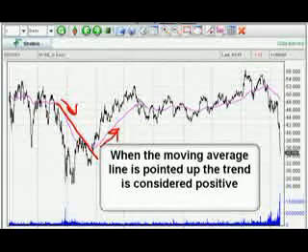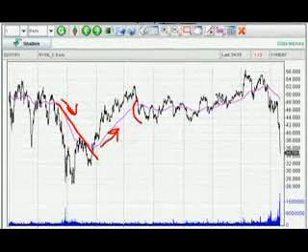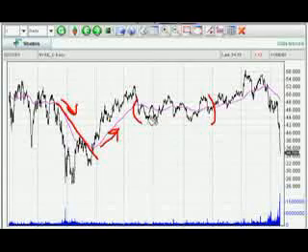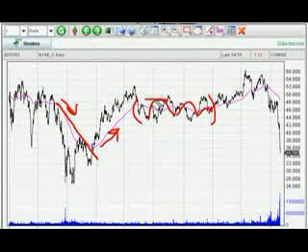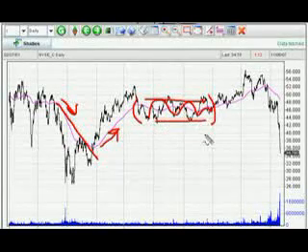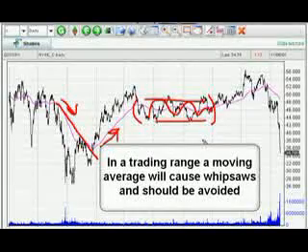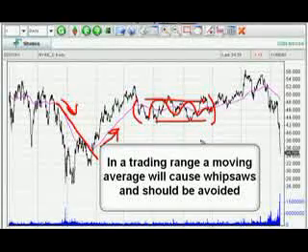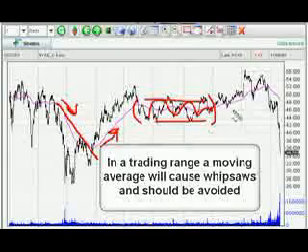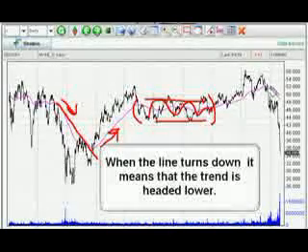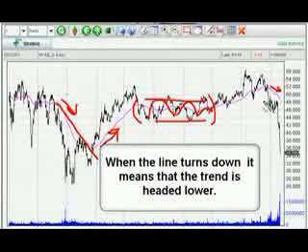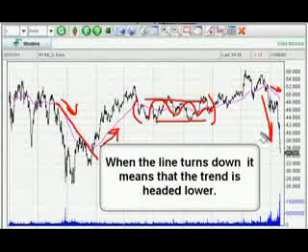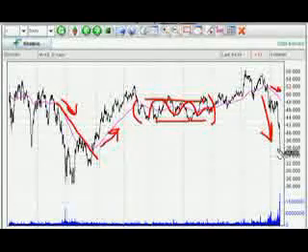So again, when you get this type of market, when it's really going nowhere, this is considered a trading range, and moving averages are little or no use to you during this type of market scenario. Now again, when it turned down here, you can see the turn down, it was an indication that prices are headed lower. Of course, that's what's happened.